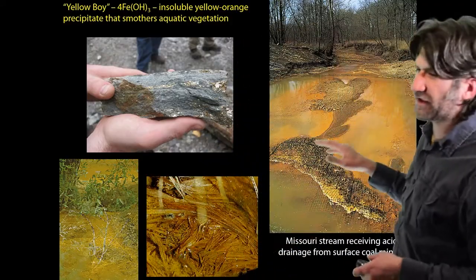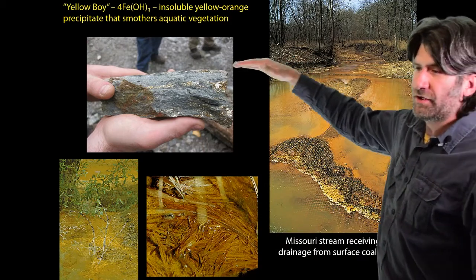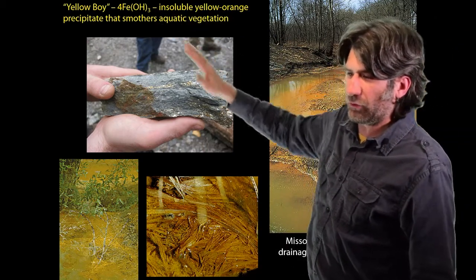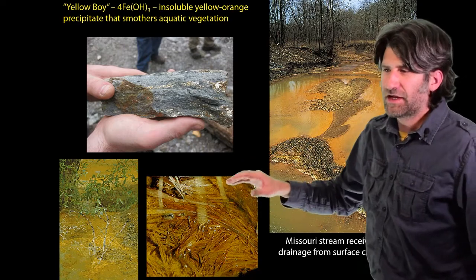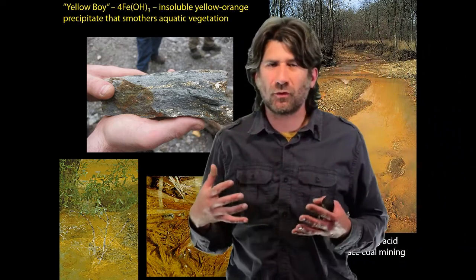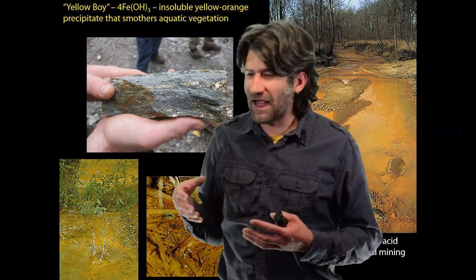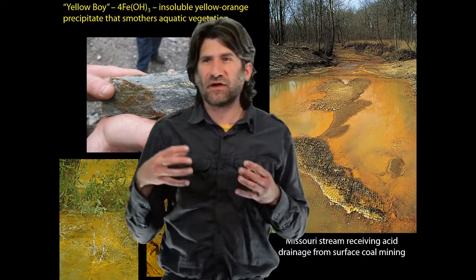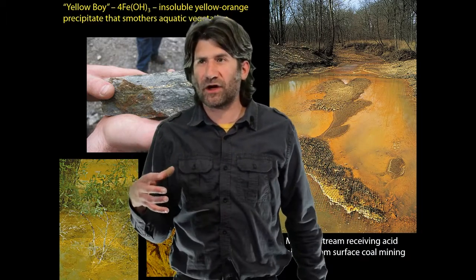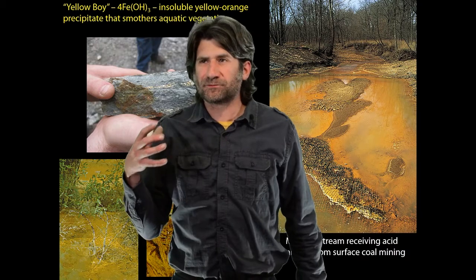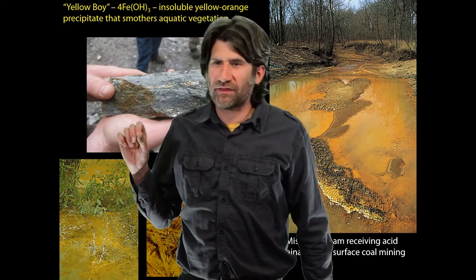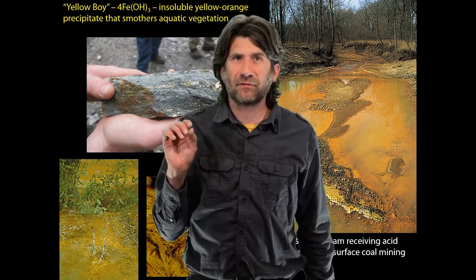And so here we've got an example of this, yellow boy, which is this kind of nasty yellow-orange material. Does everyone see that here? And this stuff often is associated with mine wastes. What happens is that in the mine itself, you have very, very acidic water, and so you dissolve the iron and the aluminum.